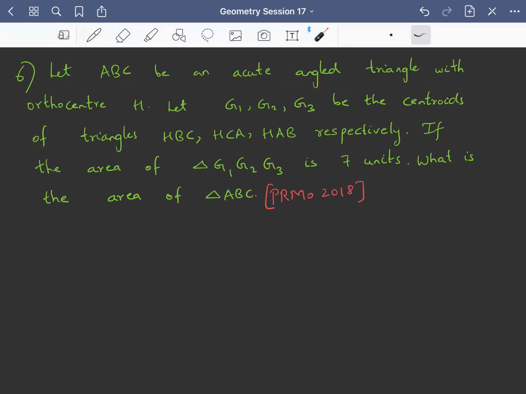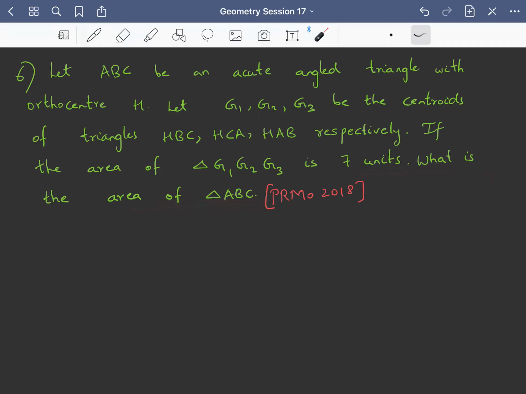Let ABC be an acute angled triangle with orthocenter H. Let G1, G2, G3 be the centroids of the triangles HBC, HCA, HAB respectively. If the area of triangle G1G2G3 is 7, you need to find the area of triangle ABC.